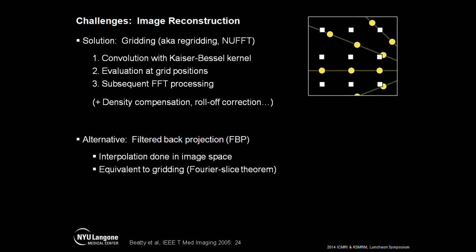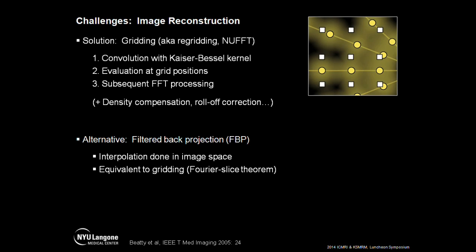And several years ago, an algorithm has been developed to do this, which is nowadays known as gridding or regridding, or some people also call it NUFFT. And how this gridding procedure basically works is we take our sample points, these yellow dots here, and we convolve or smear these sample points with an interpolation kernel, which is usually a Kaiser-Bessel function.